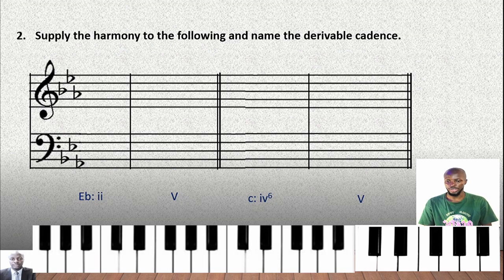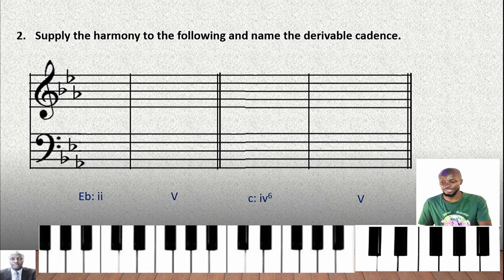In this case, we are to supply the harmony. We are to supply all the parts, the S, A, T, and B. That's the soprano, alto, tenor, and the bass, right? So we're to supply everything. And of course, in exercises like this, since the Roman numeral representation of the chords are given, we already know what the bass is, right?